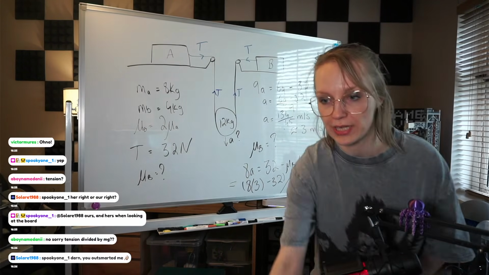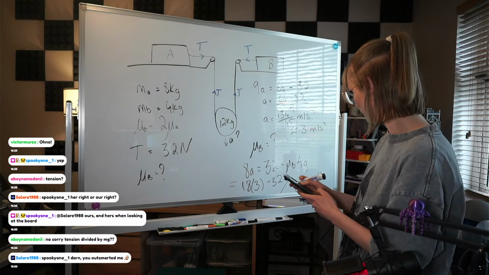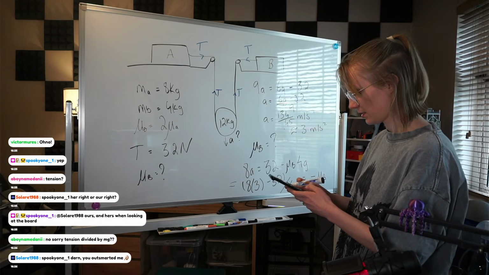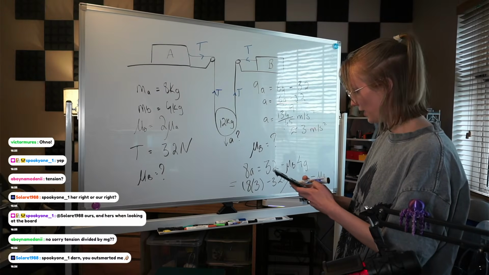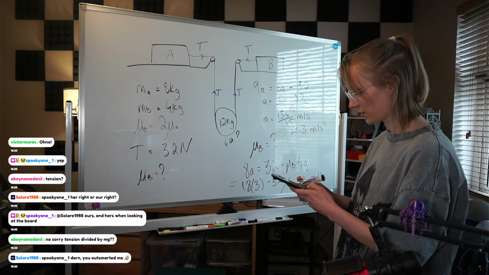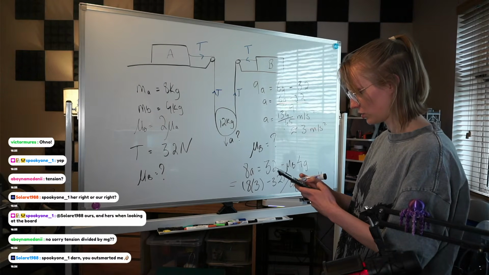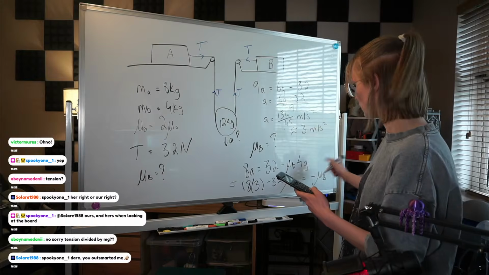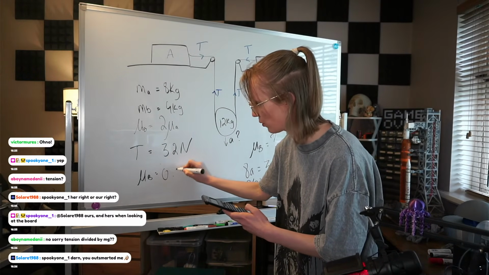I'm going to assume we're going to get a minus sign on either side. So that's 8 times 3 minus 32, we get a minus sign, it's okay, divided by 4 times g, 9.8, which is equal to minus 0.2, but there's a minus at either side. Our last answer is 0.2.